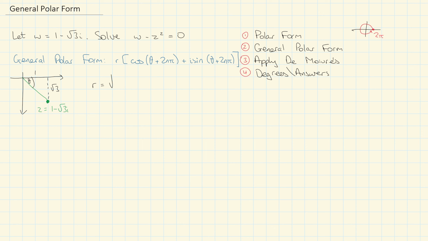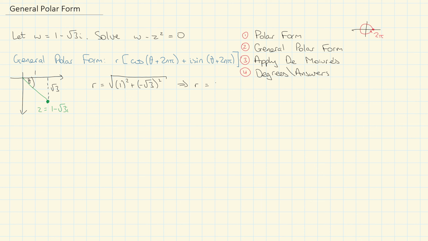Find our modulus. That's the square root of 1 squared plus minus root 3 squared.